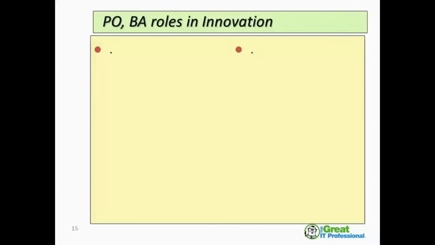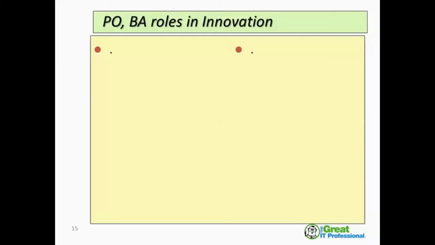Now, what are the respective roles of the product owner and the business analyst in innovation? Okay. Is innovation part of their role? And if so, how? Any thoughts? And do they have the same role in innovation?